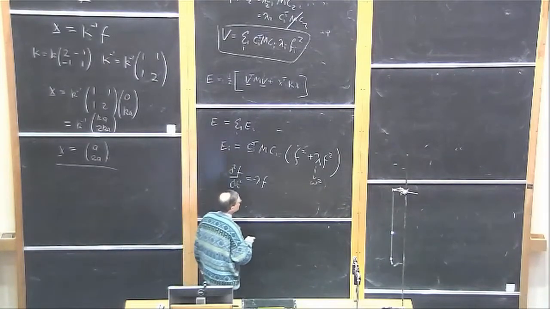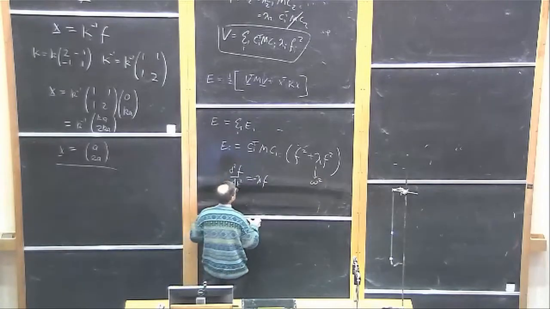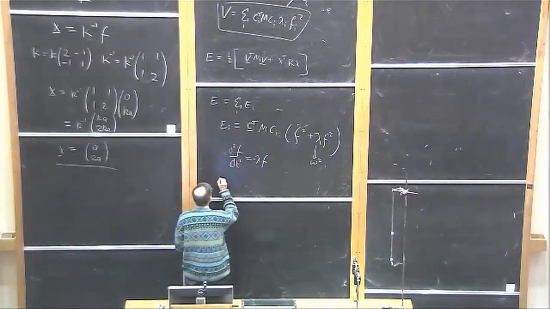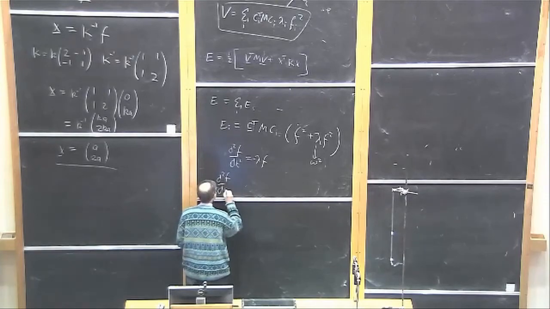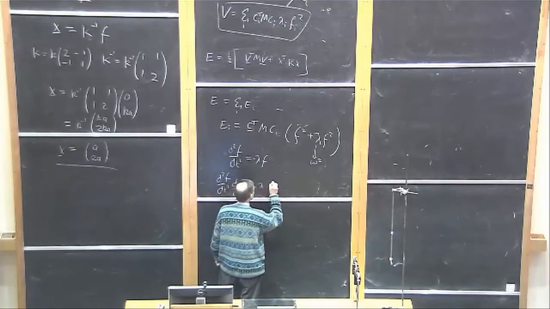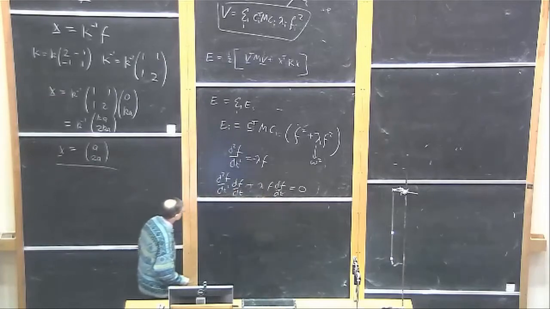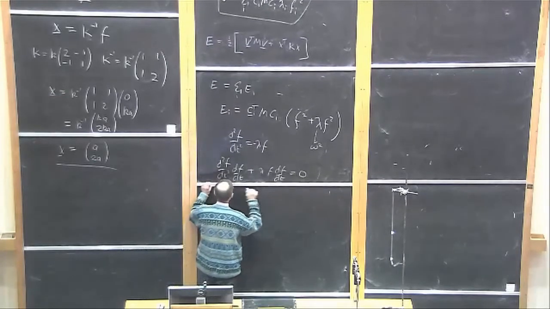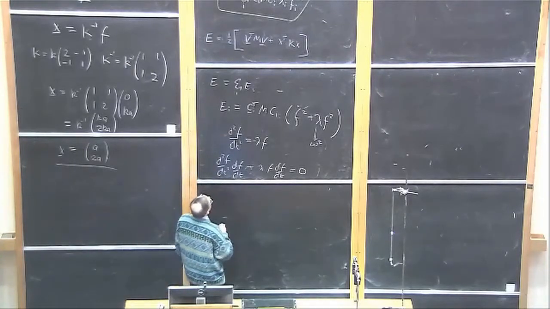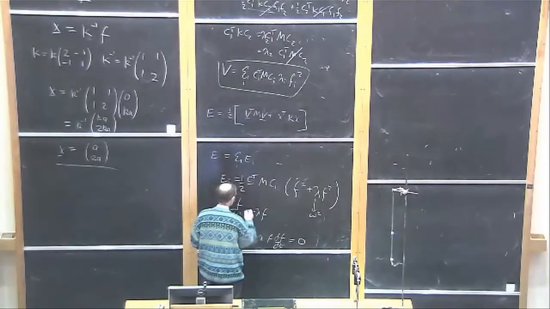And that equation preserves the value of this bracket. So how do I prove that? I multiply both sides of this equation by df dt. So I get d2f by dt squared df by dt plus lambda f df by dt equals 0. I then observe that both of those terms are perfect differentials. I do beg your pardon, there's a half missing there.